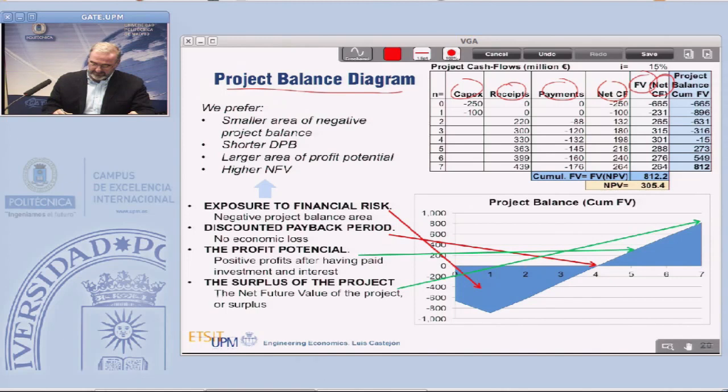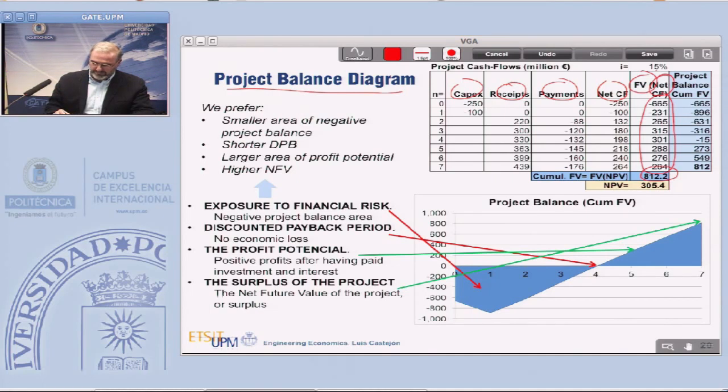So this is, for every year, the future value of its net cash flow. If you make the cumulative sum of those future values, you get the cumulative future value of the project.